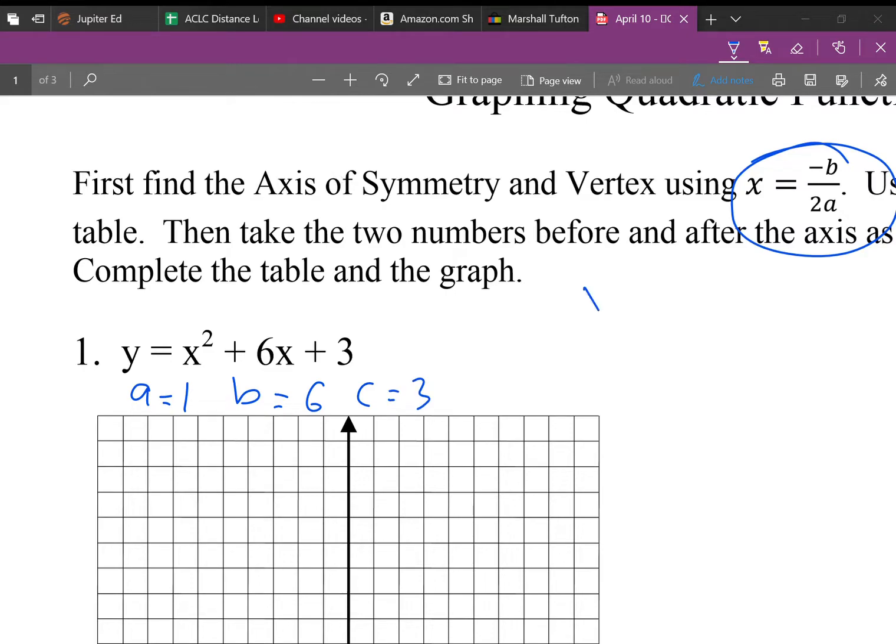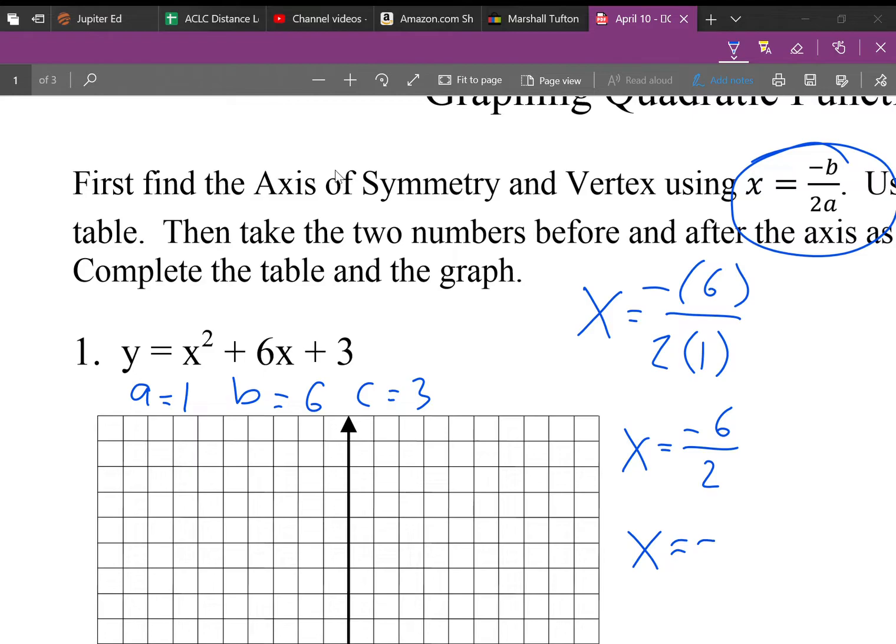In that formula, x equals negative b becomes negative parentheses 6 over 2 times a. A is 1 here. You plug this in. And when I multiply negative 6 times, negative 6 gives negative 6 on the top, 2 times 1 is 2 on the bottom, and that simplifies to negative 3.